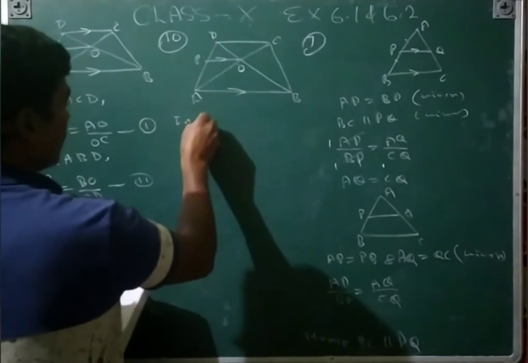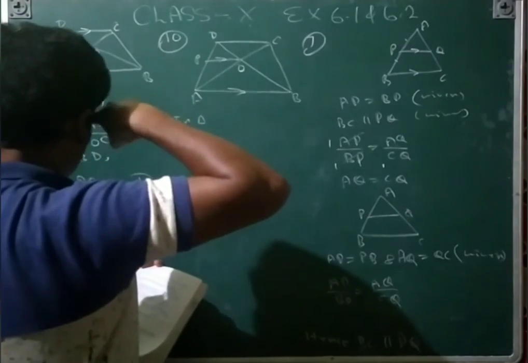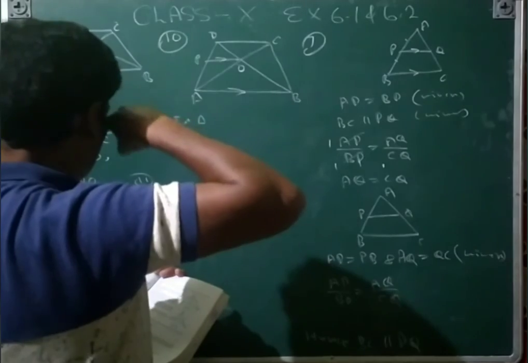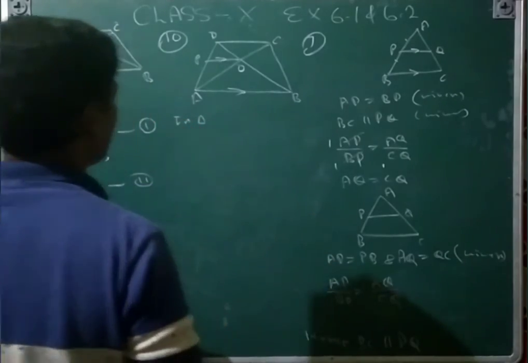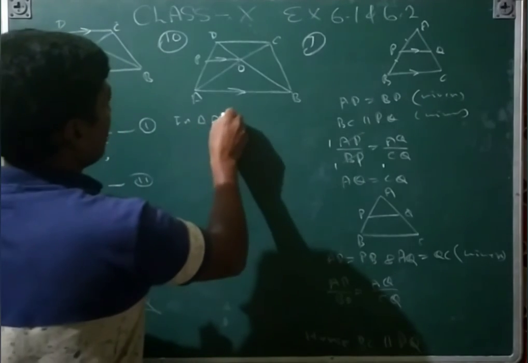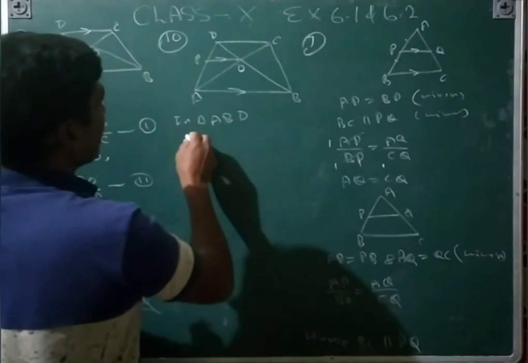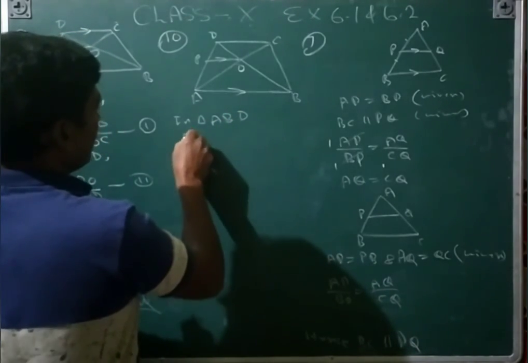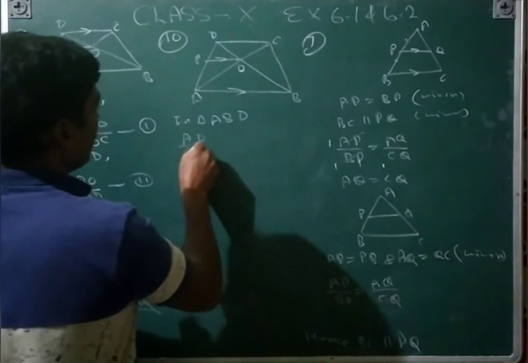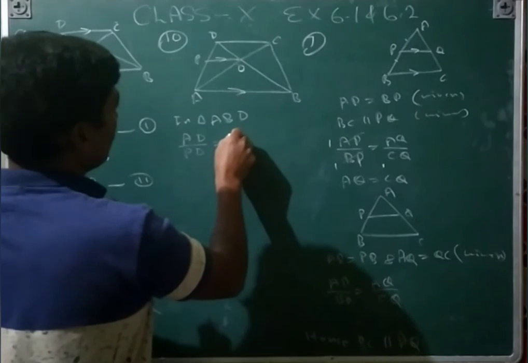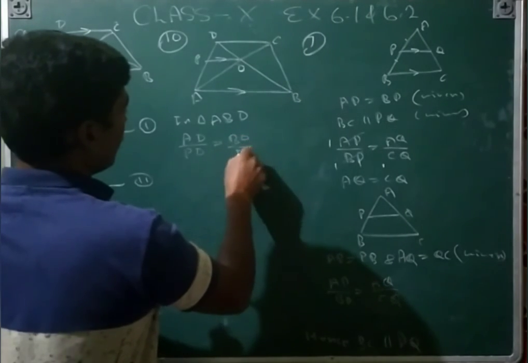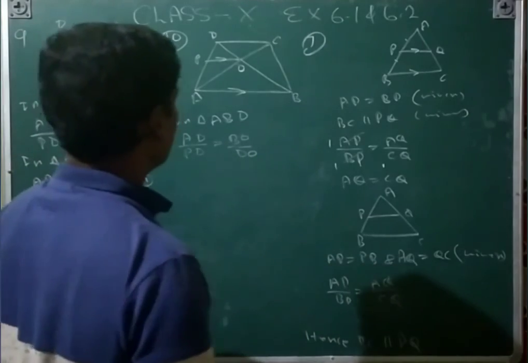So in triangle ABD, AP upon PD is equal to BO upon DO.